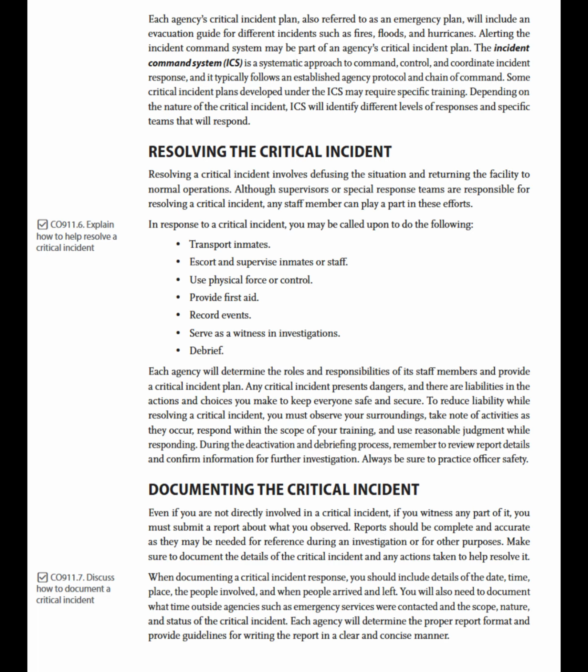The Incident Command System, ICS, is a systematic approach to command, control, and coordinate incident response, and it typically follows an established agency protocol and chain of command. Some critical incident plans developed under the ICS may require specific training. Depending on the nature of the critical incident, ICS will identify different levels of responses and specific teams that will respond.